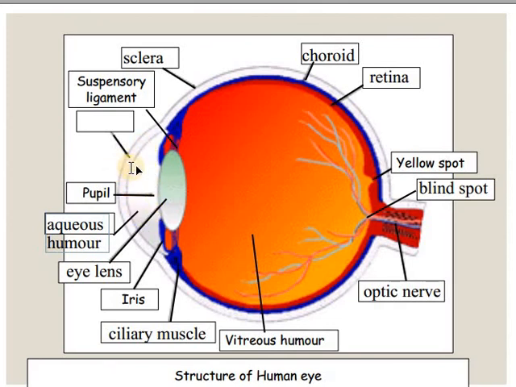The function of the aqueous humor is also to help focus the light onto the lens. Next is the pupil. And then the last one, this one is the cornea.